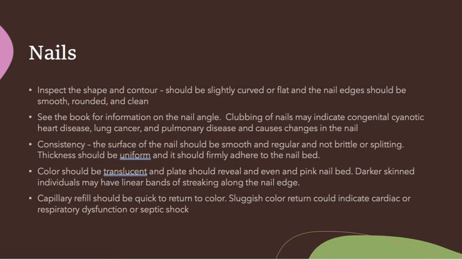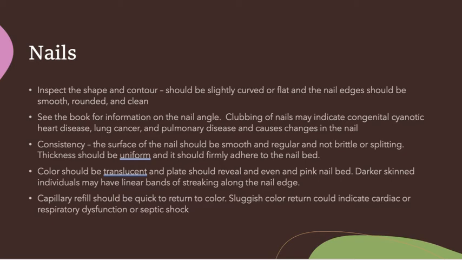Nails should be inspected for their shape and their contour. They should be slightly curved or flat, and the nail edges should be smooth, rounded, and clean. When we have nails that aren't clean or have things under them, that is a sign of someone's personal hygiene or an ability to participate in activities of daily living.